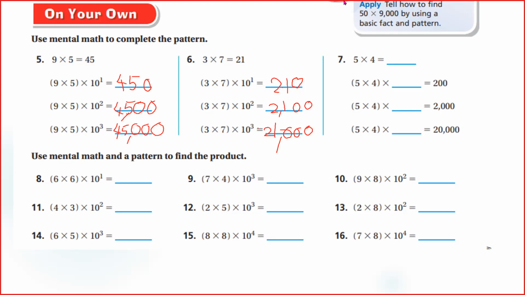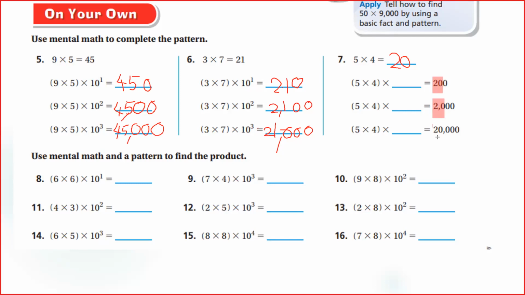Now, look at me here. I will solve number 7. 5 times 4 is 20. So here, be careful that there's a 0 that comes from the product of these two numbers. Let's highlight this 20.